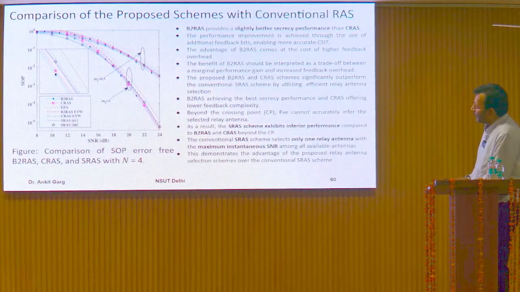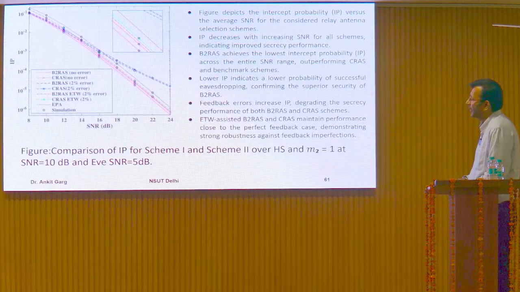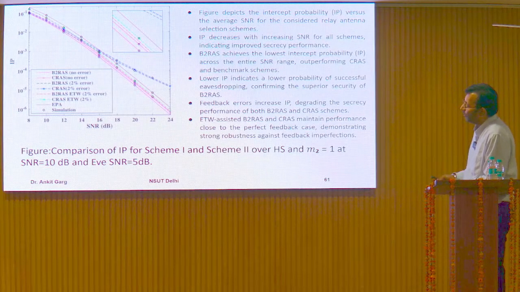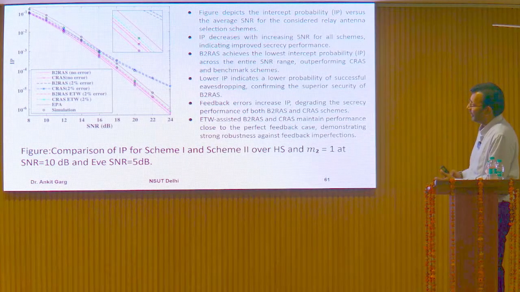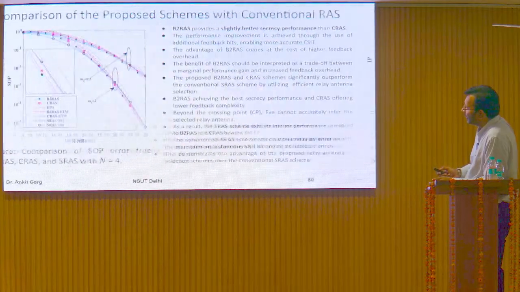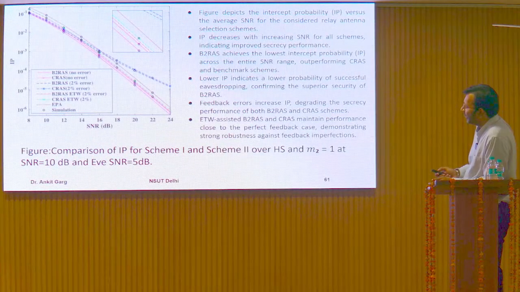So the first one is for all these things for the correct feedback, okay? And the second graph represents the erroneous case. B2RS for erroneous, C2RS for erroneous, right? And I think I missed SRS. SRS erroneous is not considered here.